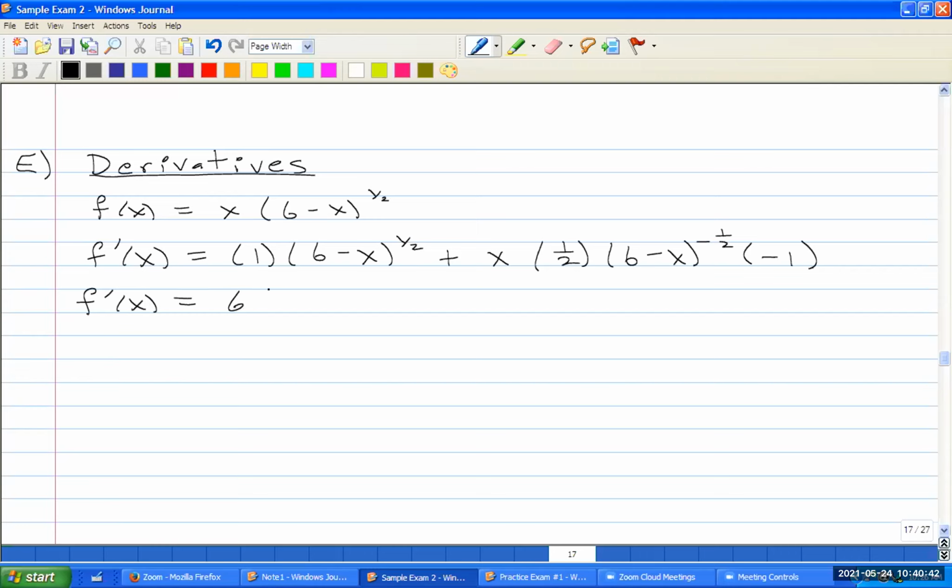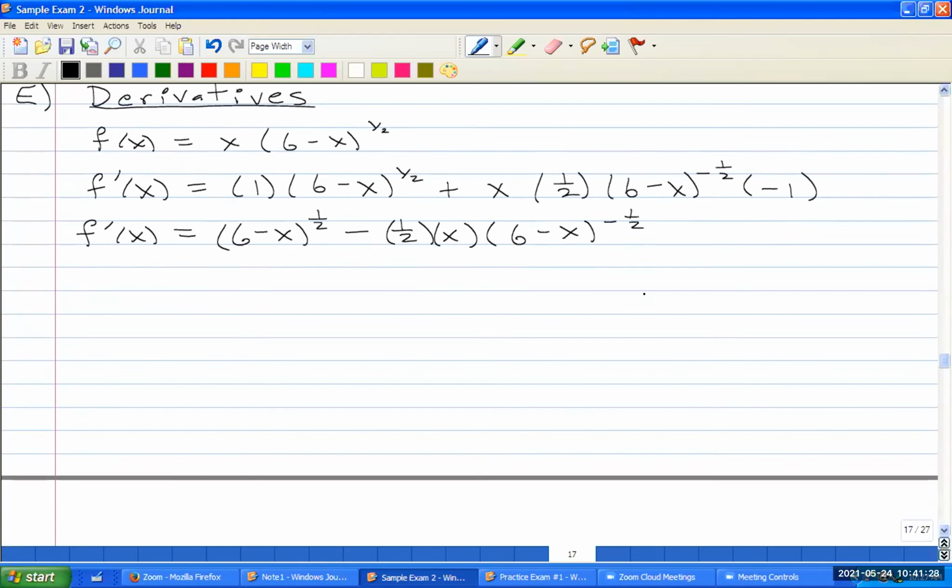So this is 6 minus x to the 1/2 minus, well, this is going to be minus 1/2 x times 6 minus x to the negative 1/2.